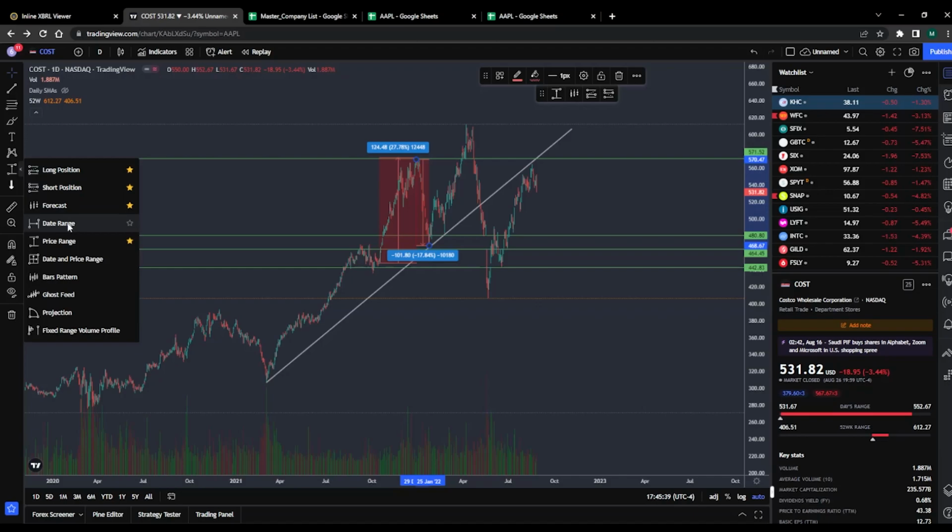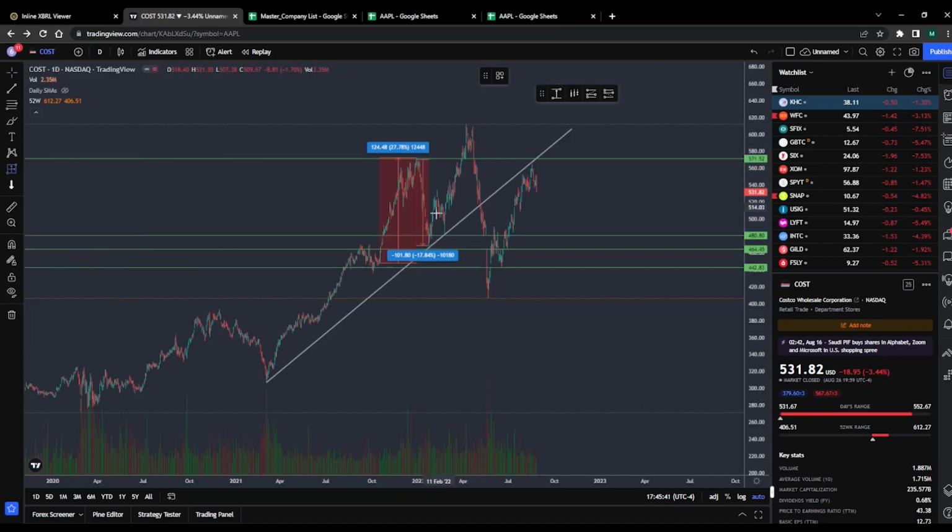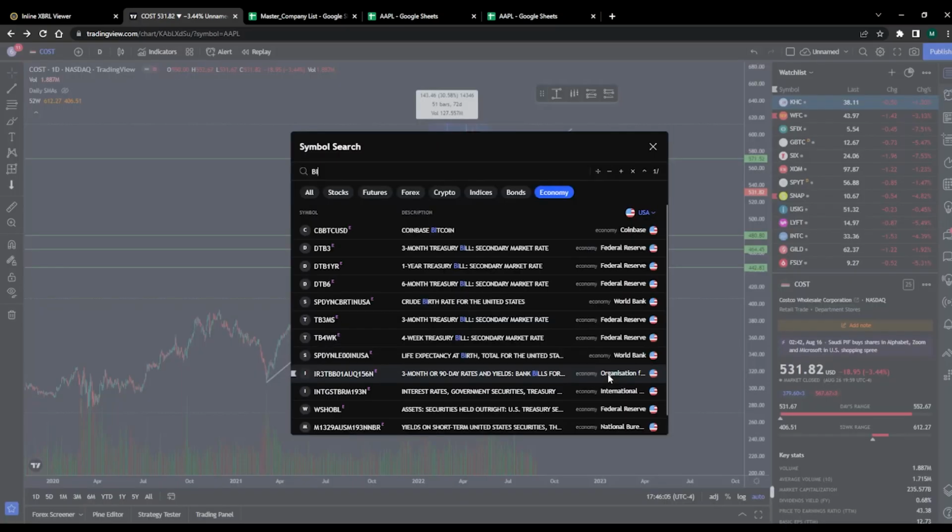And I think you can actually do price and range. So you can see here over 72 days, it went up 30%. And then over 47 days or 32 trading days, it went down 33%. And so I'm thinking it's probably going to end up doing the same. You'll probably have a sharp correction downwards on Costco. So that's another thing that I'm looking for.